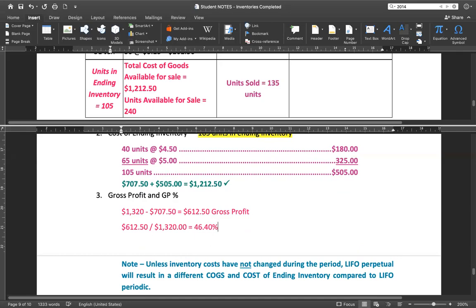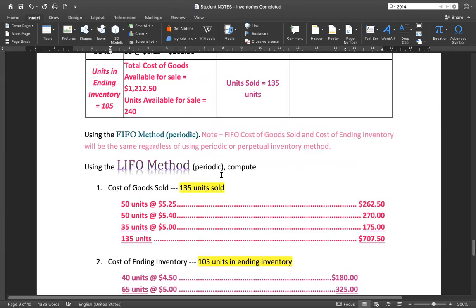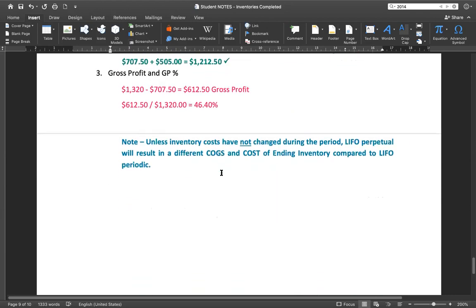So please take a note that when we are computing inventory ratios, for example, gross profit percentages, that percentage is going to change depending upon what method of inventory costing that we use.